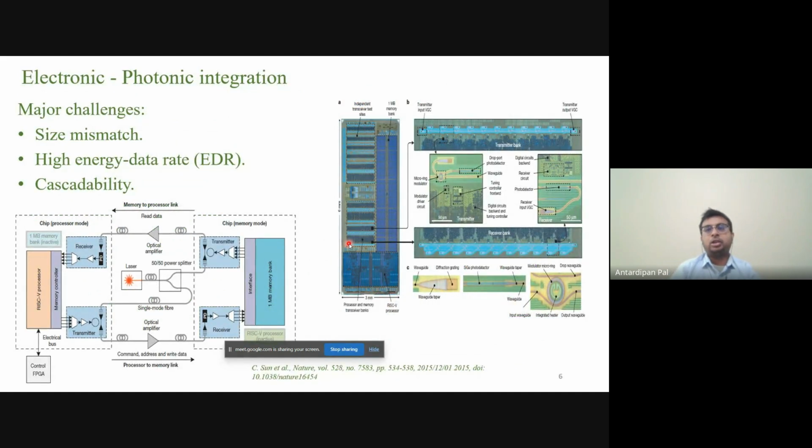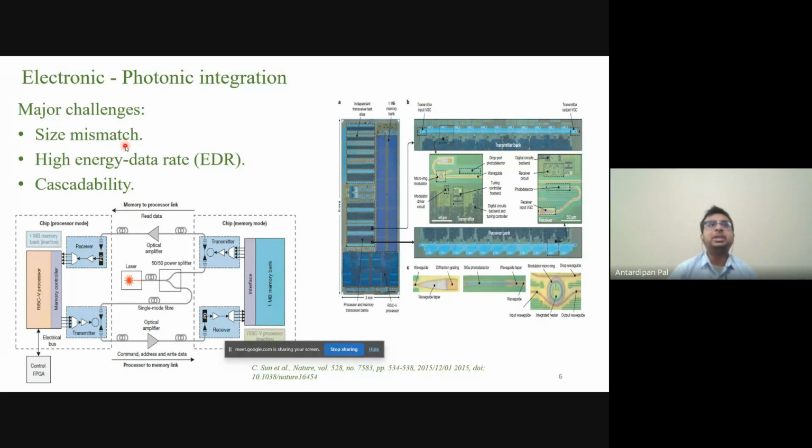Now again, electronic photonic integration, what are some of the major challenges we face? Photonics started probably in the early 2010s, and it's still not as popular as electronics. There are some reasons. First is the size mismatch, then high energy data rate, then cascadability.